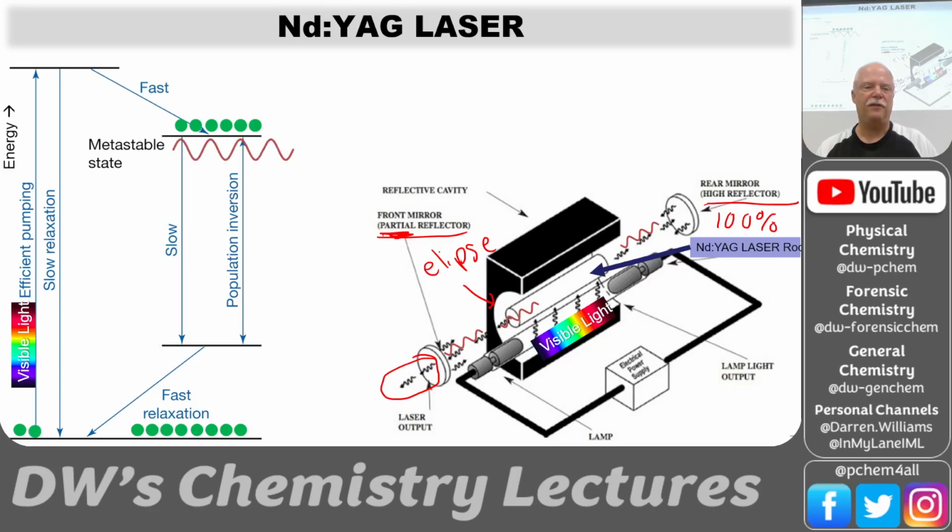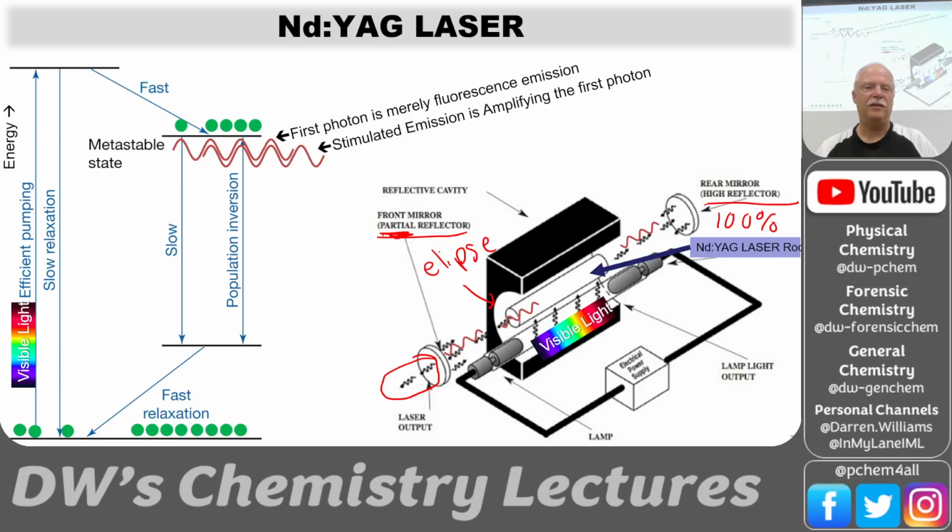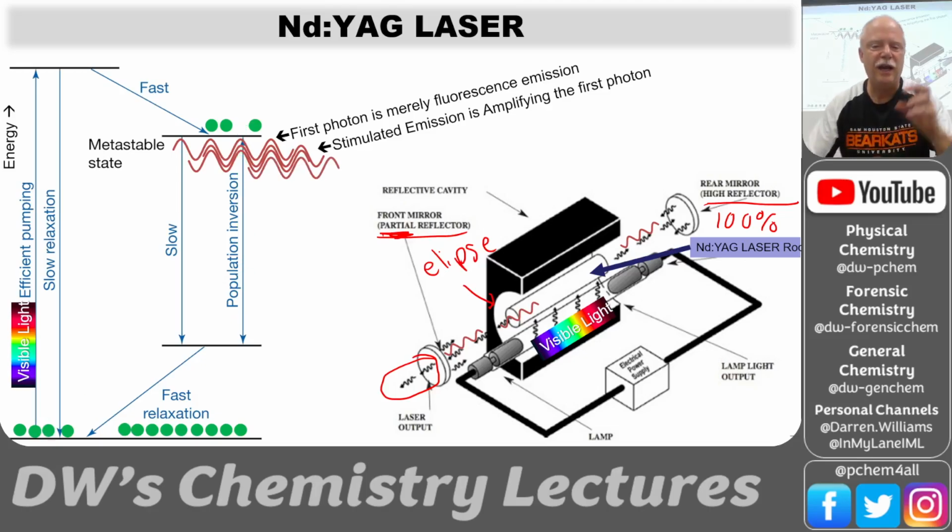Okay, but see, you see that first one emit out, then the second one comes down, and that's stimulated emission, so it's amplified the first photon, and then the next one, and then the next one, and so all of that light is coming out amplified, and the wavelength of the light corresponds to this energy difference right here. So that's what makes the neodymium YAG laser so efficient, is that it's not competing against the ground state. Do you see this?